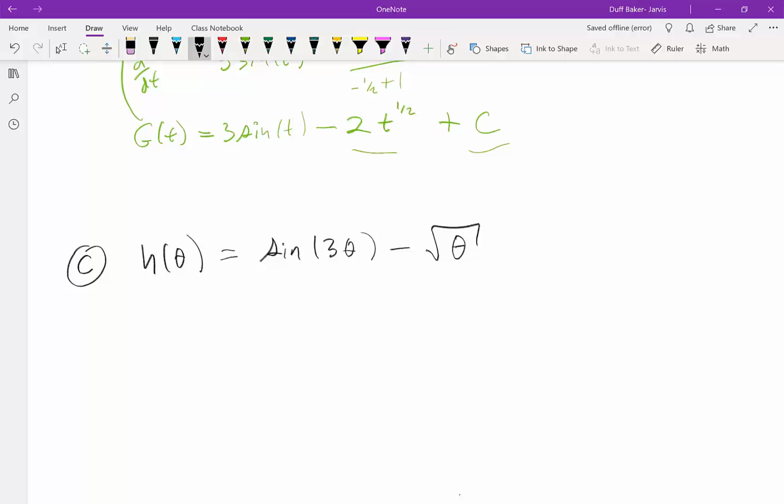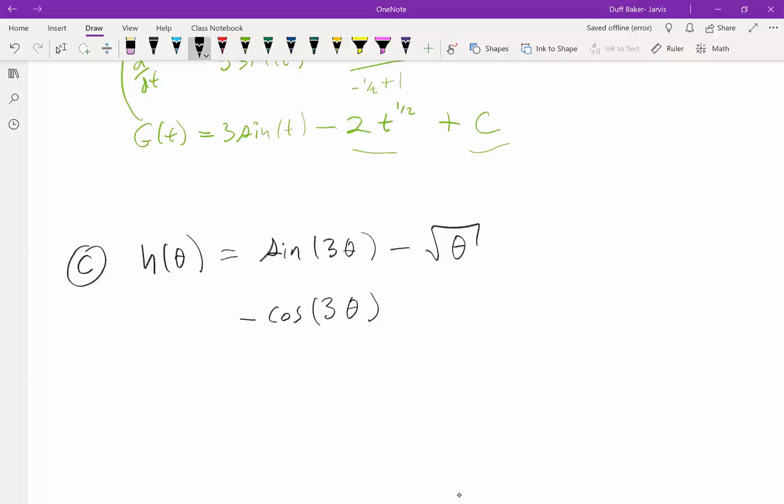You have to be a little bit more creative for some antiderivatives. So for example, for this one, we said before that the antiderivative of sine was negative cosine. So we would probably guess that there's going to be something involving a negative cosine.